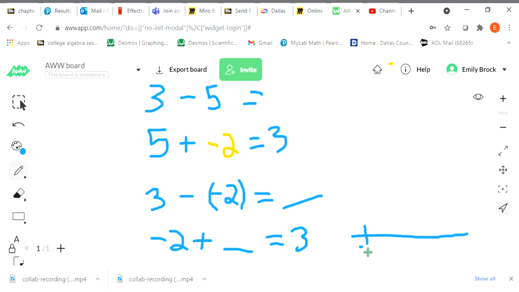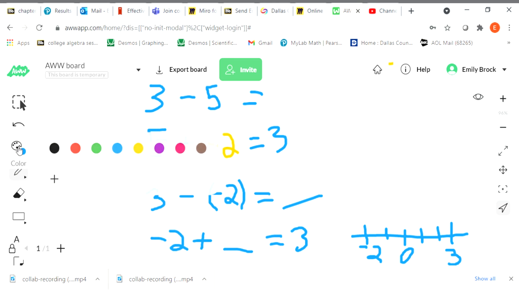Here's negative 2. Negative 1, 0, mark 0, 1, 2, 3. So what would I add to negative 2 to get to 3?